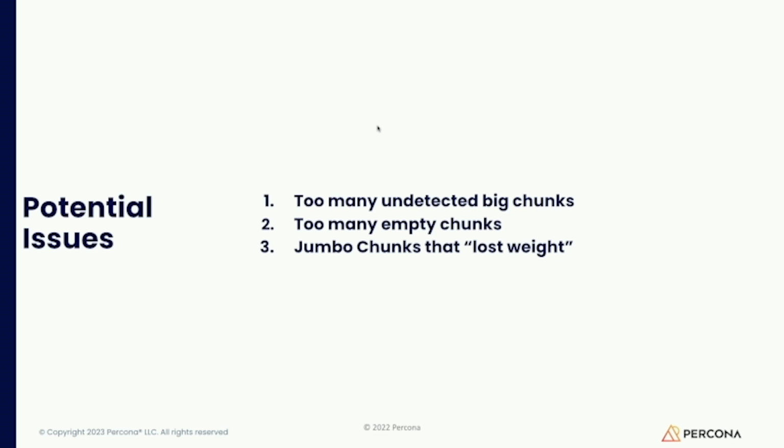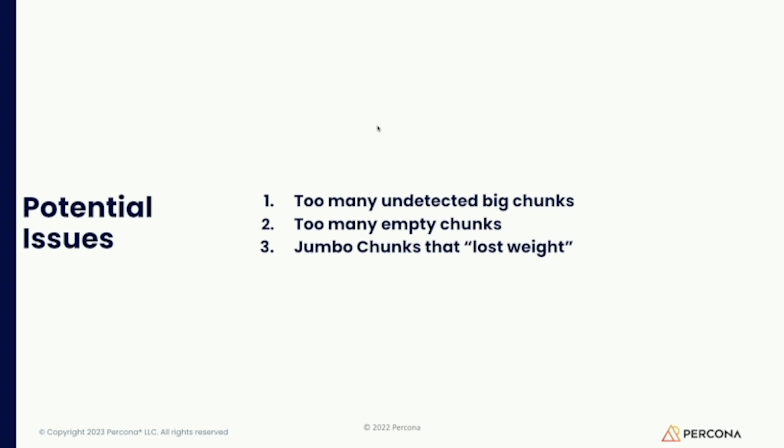For whatever reason, they grew and never were split. And the same can happen the other way around, right? If you delete a lot of data, perhaps you start now having too many chunks that are empty. Or maybe not empty, but have very little space usage. Are they still flagged as jumbo until at that point?